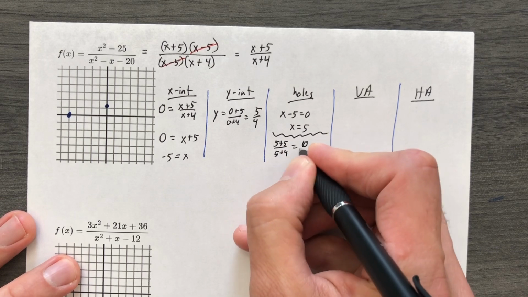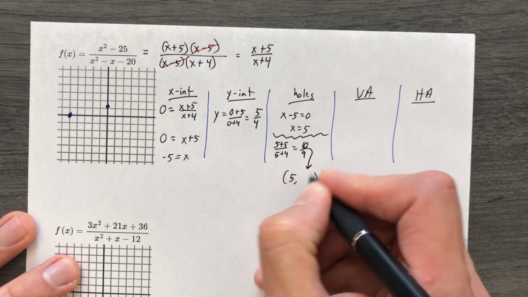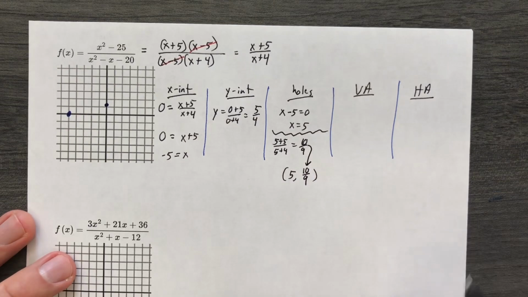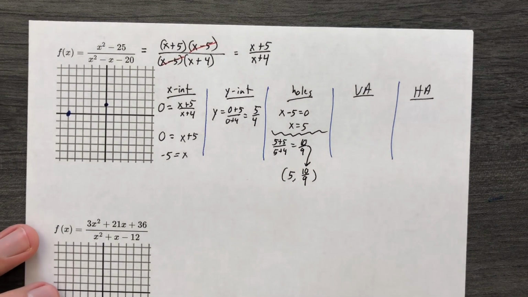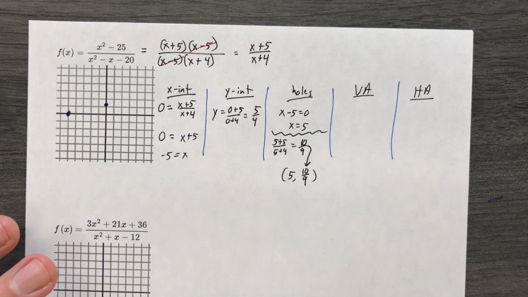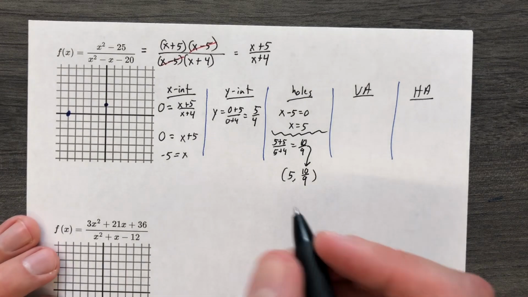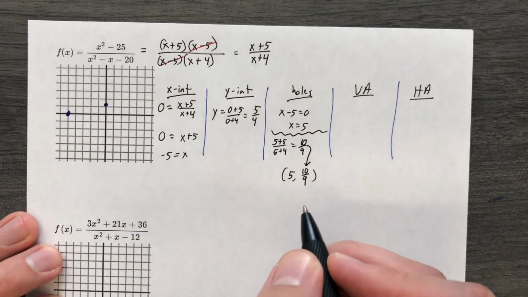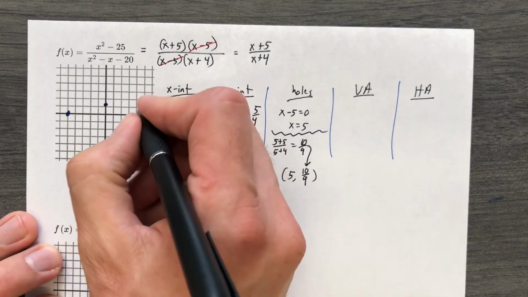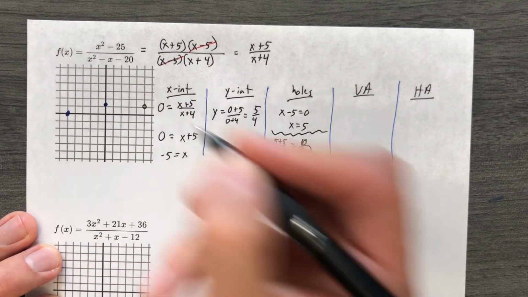That's going to be 10 over 9, and that is the y value. Now 5 comma 10/9, that's just a little more than 1. So let's go ahead and put an open circle there, at 1, 2, 3, 4, 5, and then just a little more than 1, just a wee bit more.